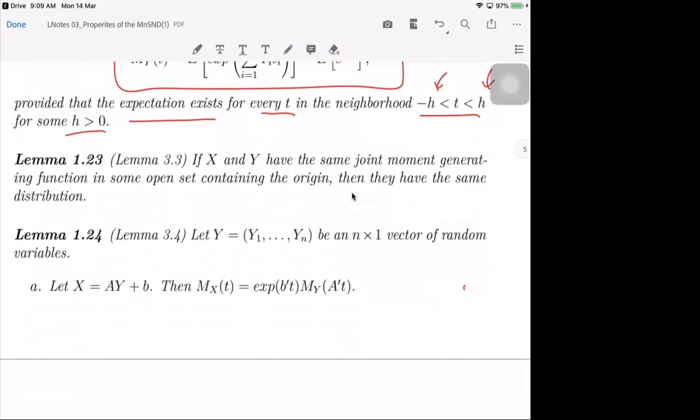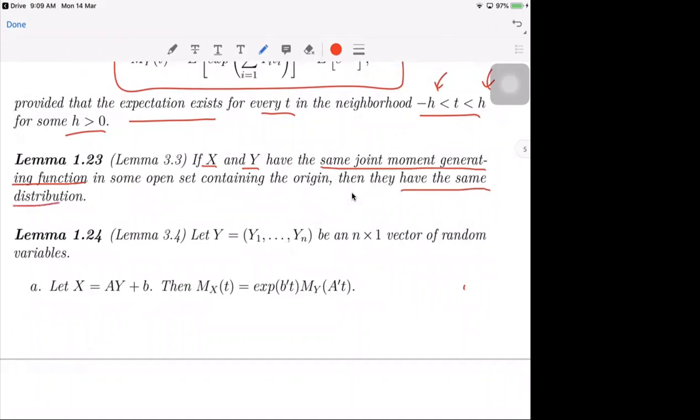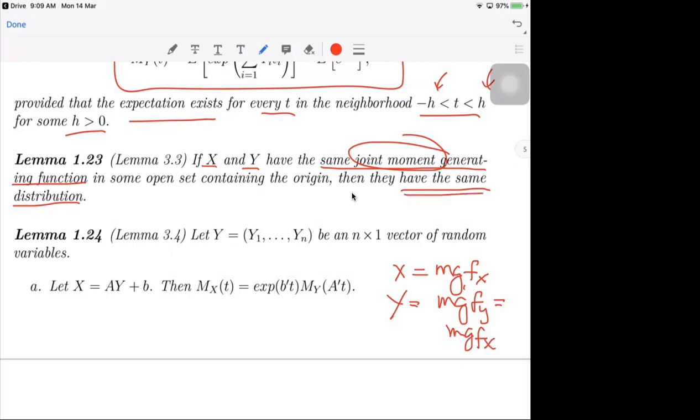Okay. Lemma 1.23 says that if you have two random vectors that have the same moment generating function on some open set containing the origin, then they have the same distribution. So if x has a moment generating function, say M_x, and y is the same, the moment generating function of y is just equal to the moment generating function of x, then this implies that x and y have the same distribution, no?